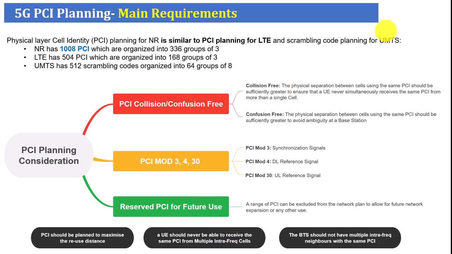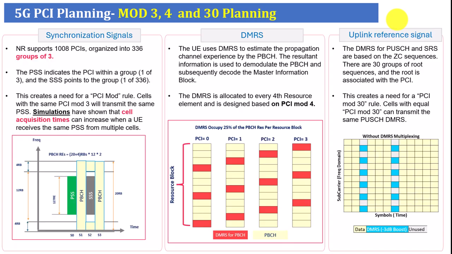So now let's move forward with more concepts about the PCI. The first part I'm going to cover is the PCI planning for mod 3 and mod 4 and mod 30 planning. Just to quickly recap, it's very similar to 4G, but the main difference is that in 4G, everything was done based on the cell-specific reference signal, where even your quality or CQI was estimated by that.